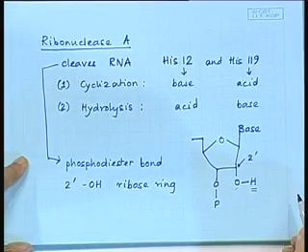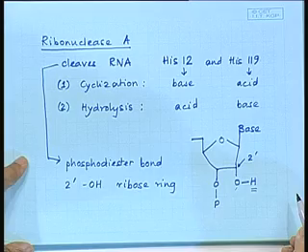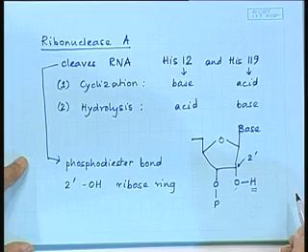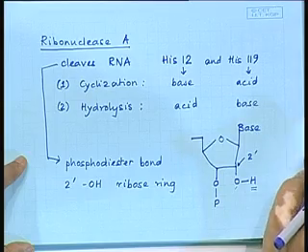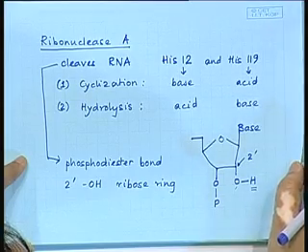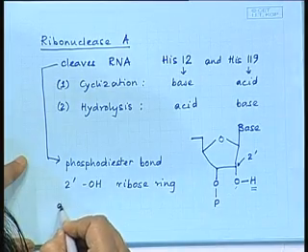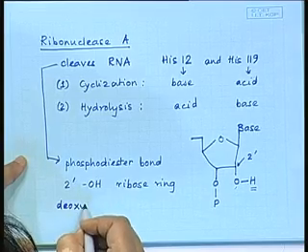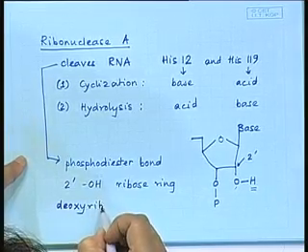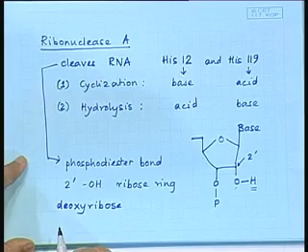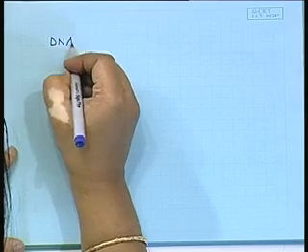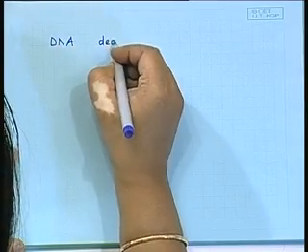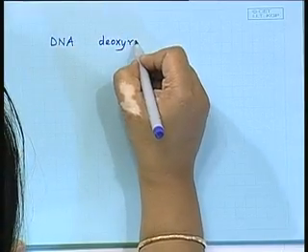Now, if I have what is called DNA, okay, if I want to know whether ribonuclease A is going to cleave DNA, what DNA is deoxyribose. Okay. So, what is deoxyribose? If we have DNA, we have deoxyribose.